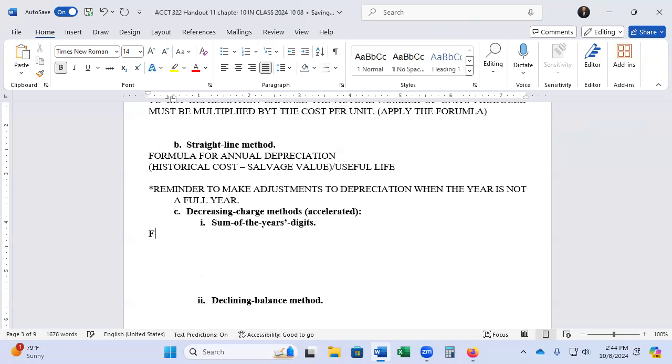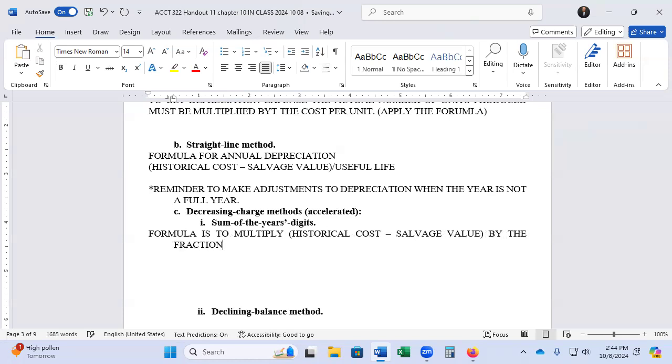The formula is going to be to multiply the historical cost minus the salvage value by the fraction.